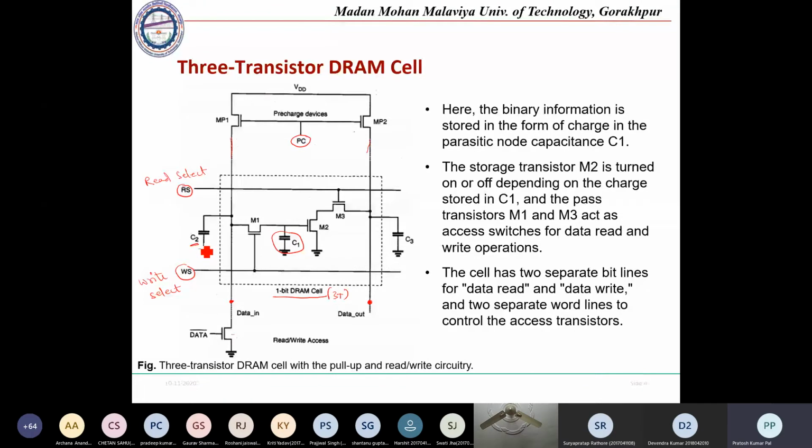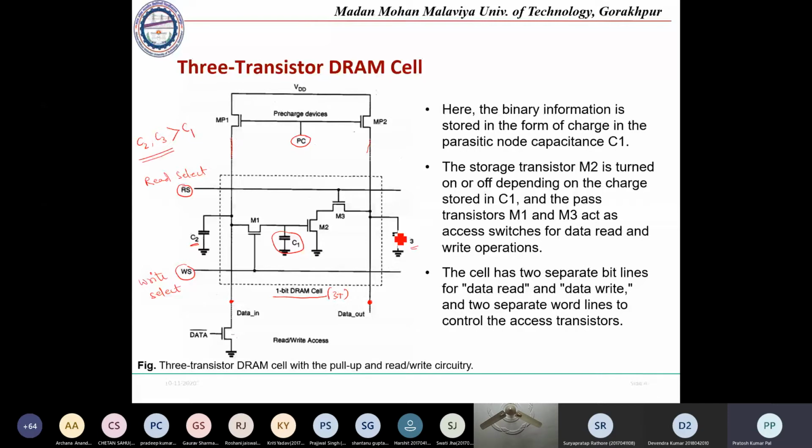So here C2 and C3 are considered to have a slightly higher value than our parasitic capacitor C1. What is the advantage of this? If C2 and C3 are greater than C1, then they will take more time to charge and discharge, but the charging and discharging of C1 should be fast.